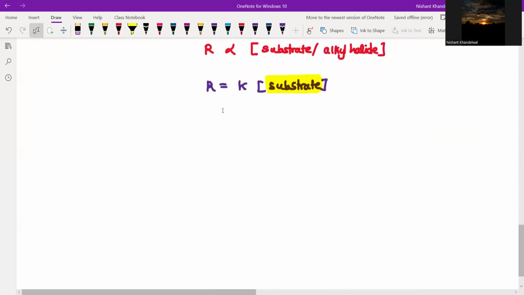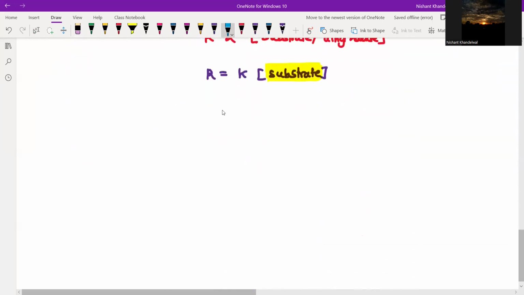However, for competitive purposes, suppose we have this structure with the Br attached here, and this structure with the Br attached here, right?